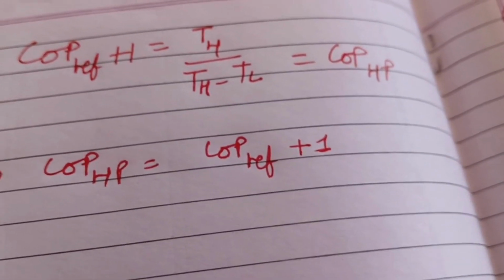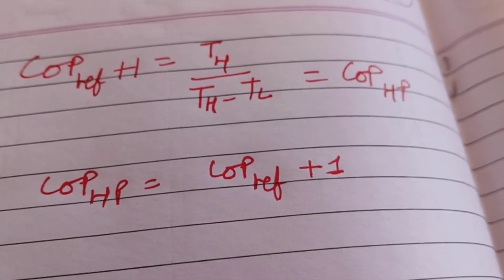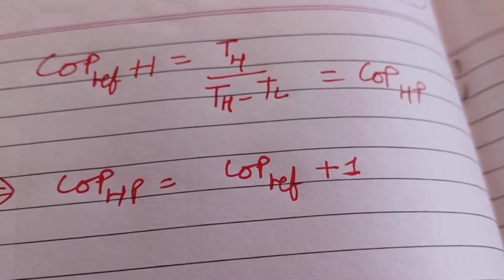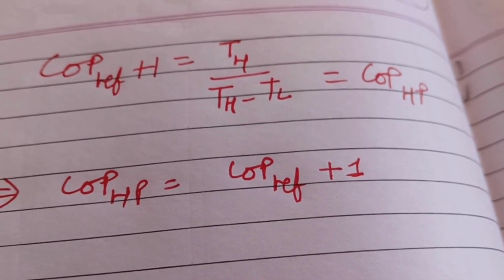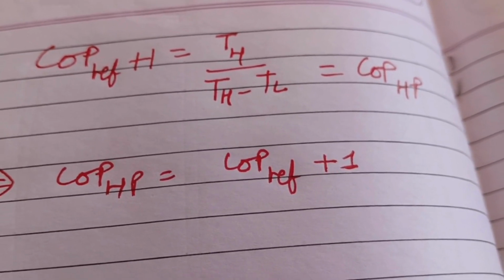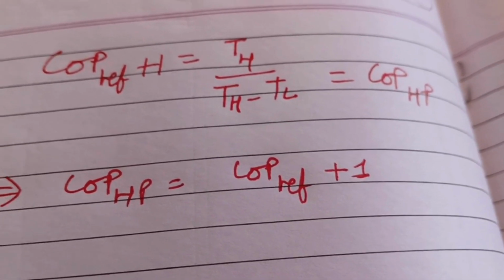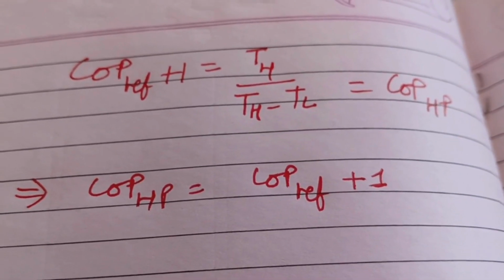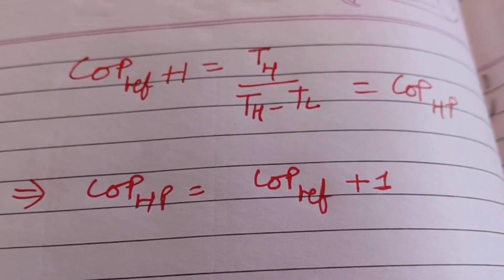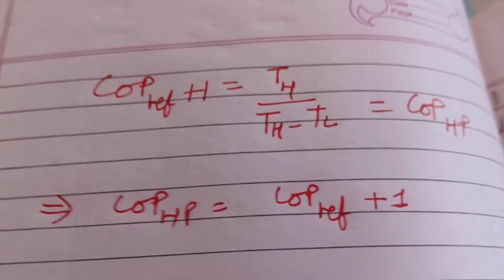So we are getting COP of heat pump more than COP of refrigerator by unity. So at least it will be greater than unity. So it is greater than refrigerator COP by unity.